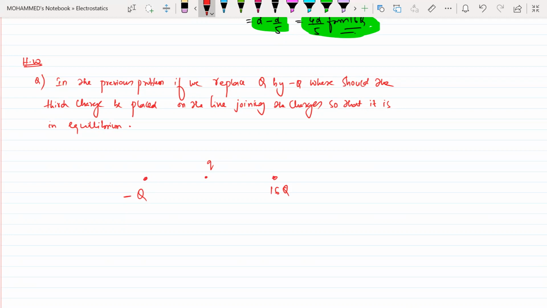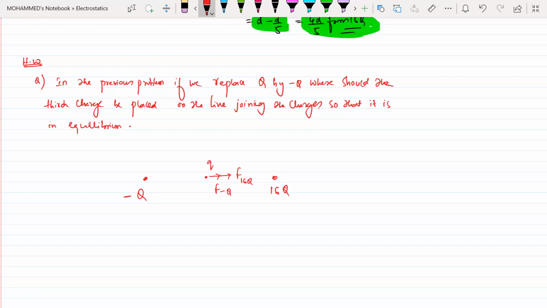Force is always from which side to which side? Now tell me, what about 16q? 16q will exert the force on small q in this direction, for example. Now the force due to the negative minus q is also in the same direction. So they are getting added up.